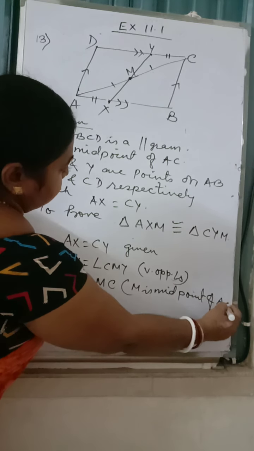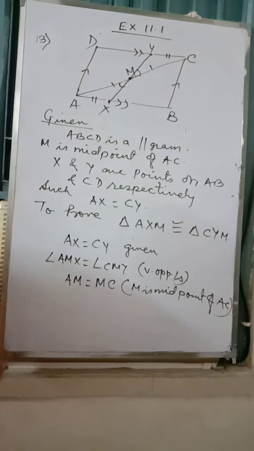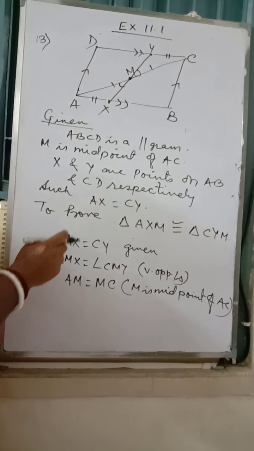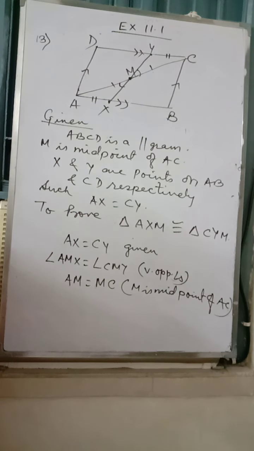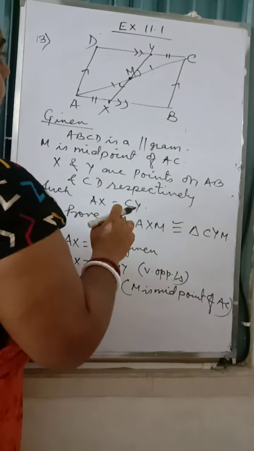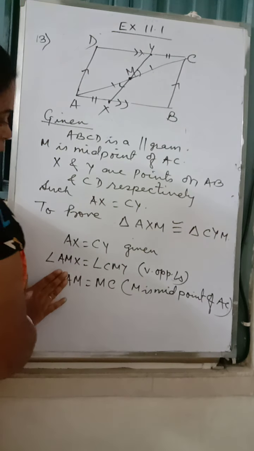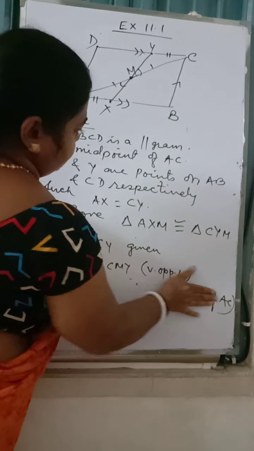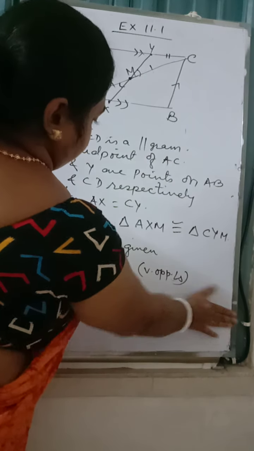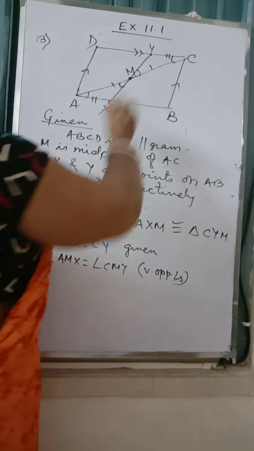So side angle side, we cannot take this, no such situation we have. So what we are going to do, we are not going to take this. We'll take this angle and this angle, which is an alternate angle.